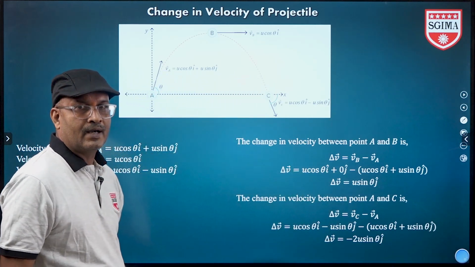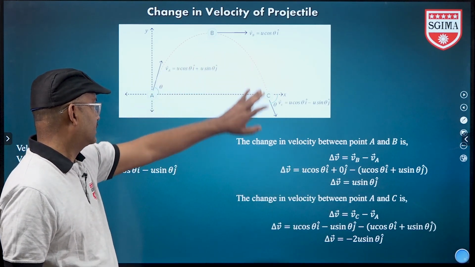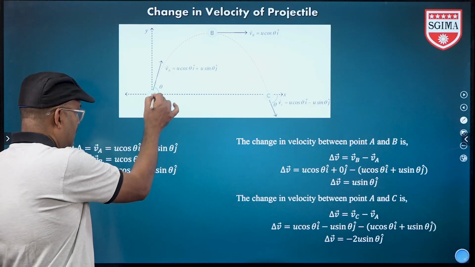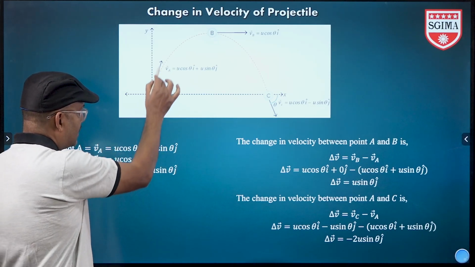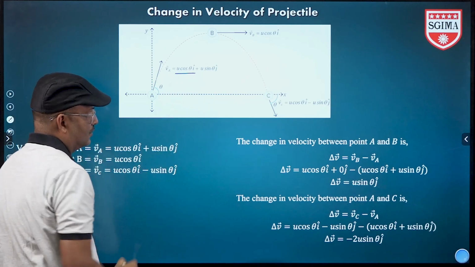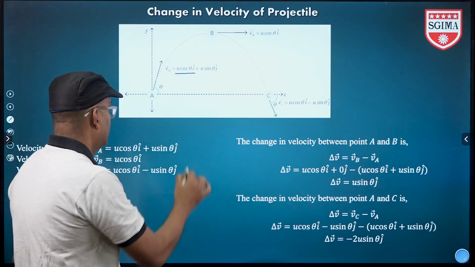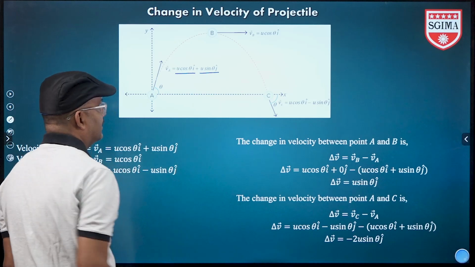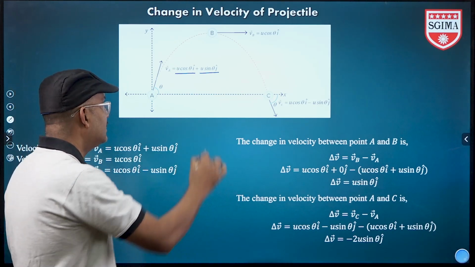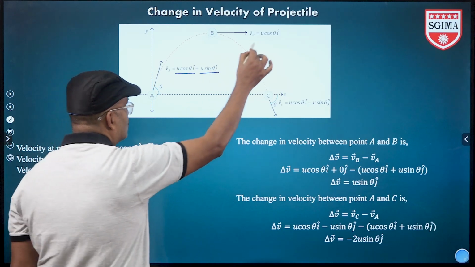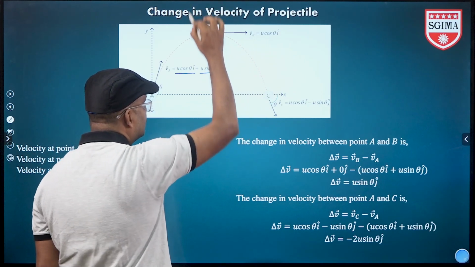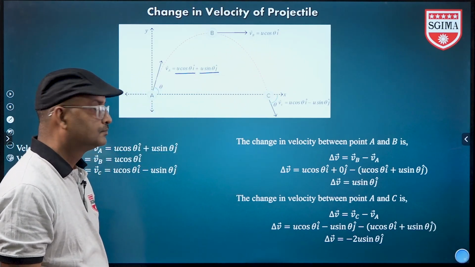Here, whenever a body is projected, it has the initial velocity. That initial velocity in vector form is u cos theta i plus u sin theta j. But when it reaches the highest point, velocity is u cos theta i, no velocity along vertical direction.